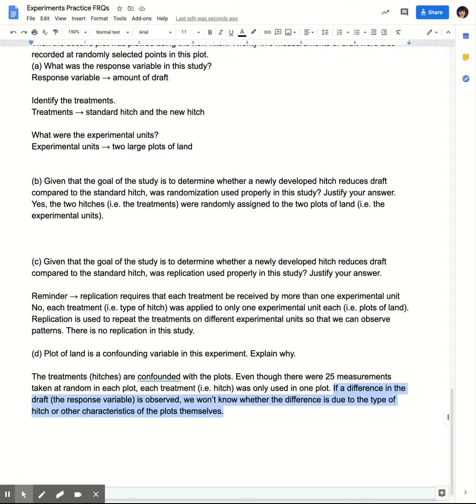All confounding variables deal with this idea that a variable is confounding if the difference in the response variable that is observed, it's not possible to tell if that difference is due to your different treatments, or if it's due to the confounding variable.